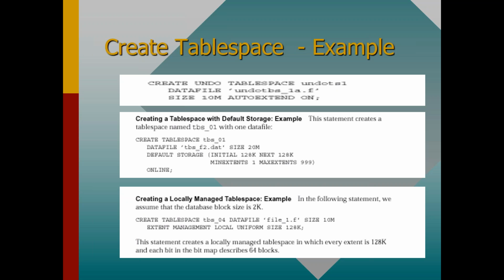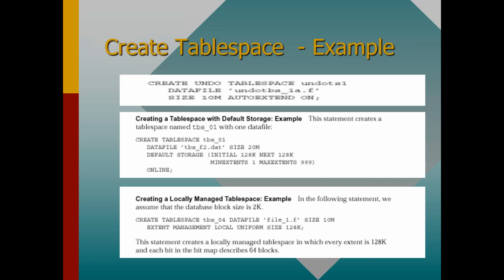That is basically a temporary table space which can be used for storing data associated with query processing. We specify a data file name, we specify a size, and then we say auto extend on, which means that if the size of the table space needs to be increased, it can be done on demand.